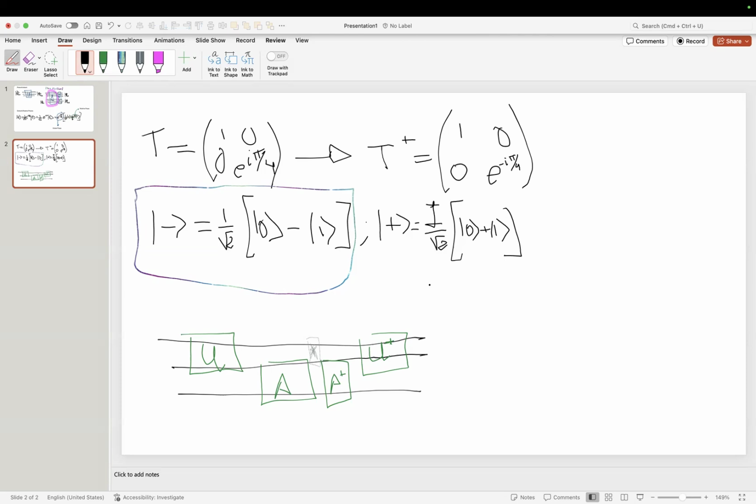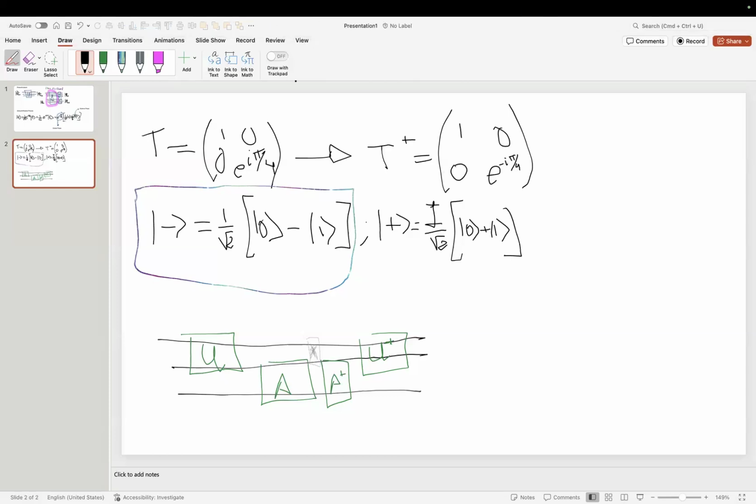Yes, more or less. I understand the convention and the algebra, what you just explained, Alberto. It's just like when we talk, for example, about phase kickback, we always have the minus. I'm going to post a photo in the chat.